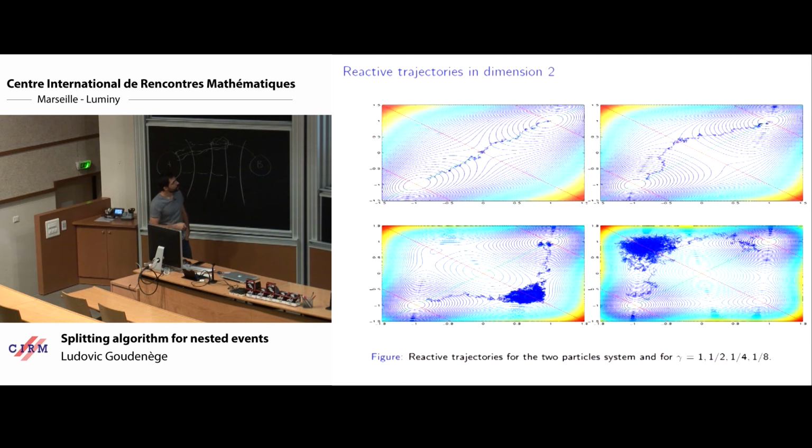Okay, so some examples. When gamma equals 1, I compute 100 reactive trajectories, so I pick one and draw it on the screen. I'm starting from A and reaching B, choosing to pass only this way. Everywhere here it's higher, so I don't want to go higher, and I only choose this road.